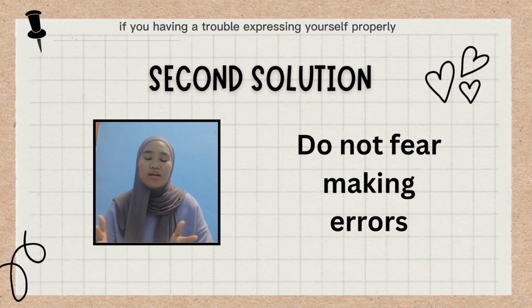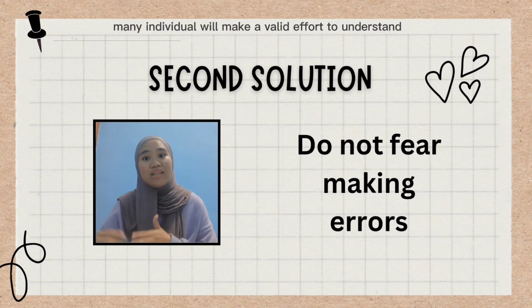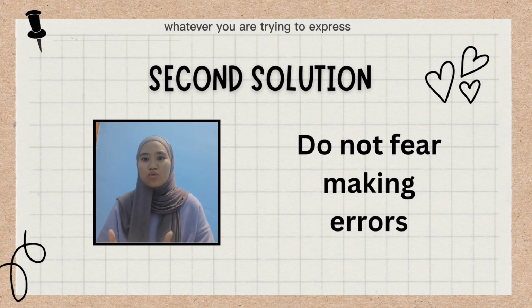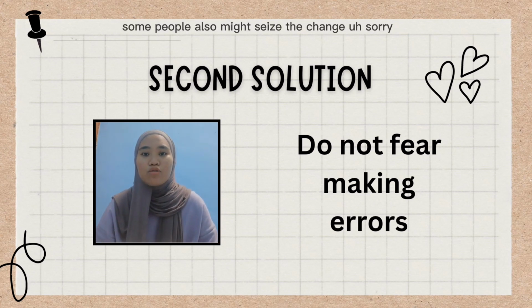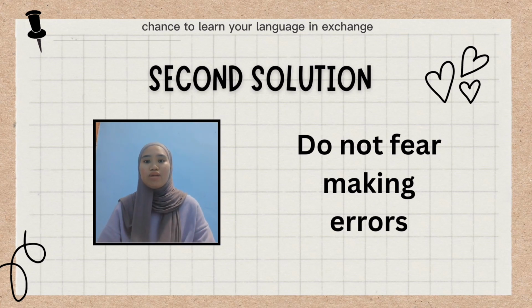If you're having trouble expressing yourself properly, let users know that you are not a native speaker. Many individuals will make a valiant effort to understand whatever you are trying to express. Some people also might seize the chance to learn your language in exchange.